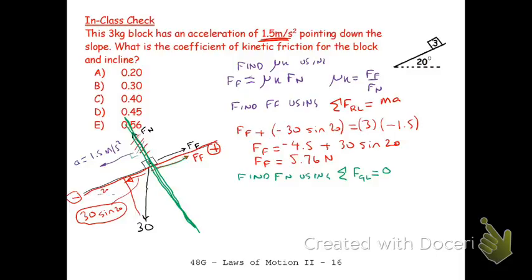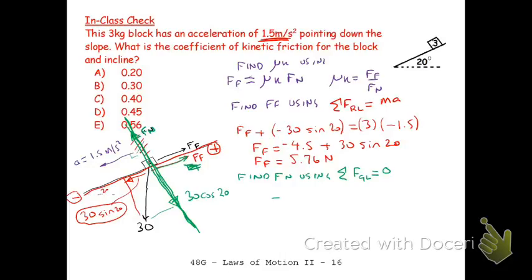So I look along here and I go FF. Oh man. No, sorry. I look along here and I go Fn. And I look down here and I go 30 cosine 20.